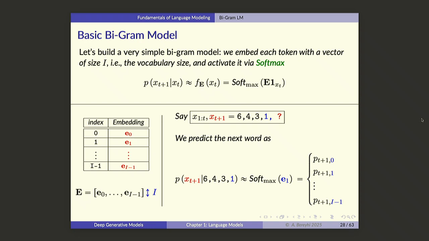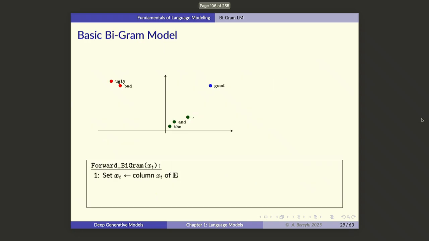I take the first entry: the chance that the next token is token index 0. The chance that the next token is token index 1, and so on till the last one. Everybody's cool? You got the idea? What is the bigram model? This is the simplest one I can think of. And now the question is how I can use this model.